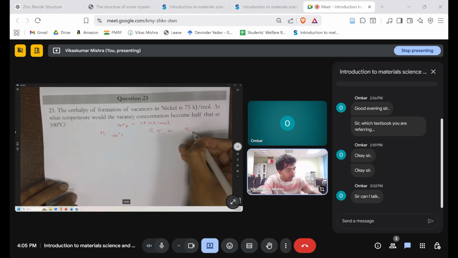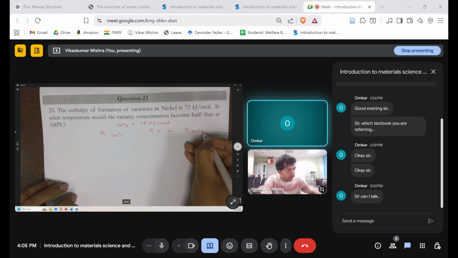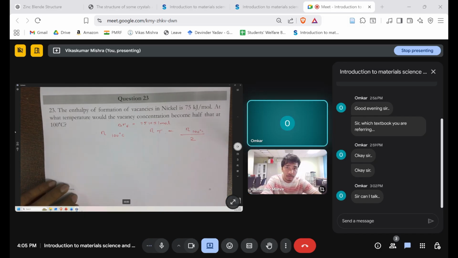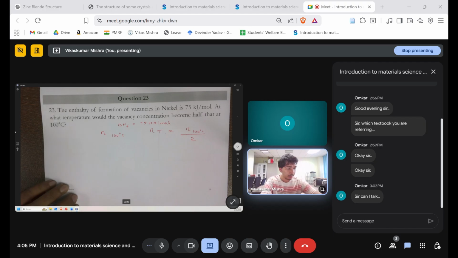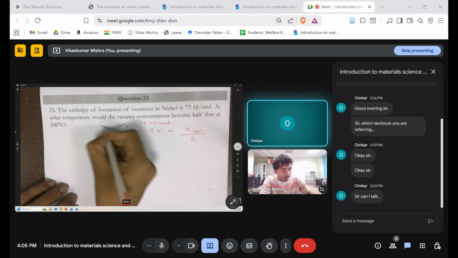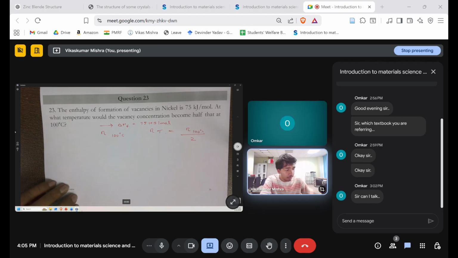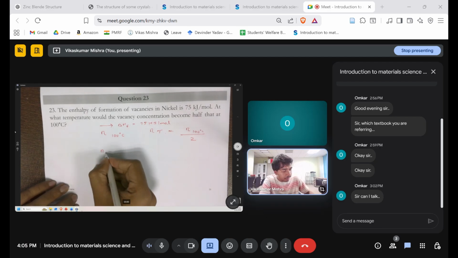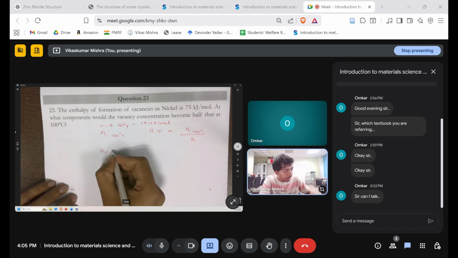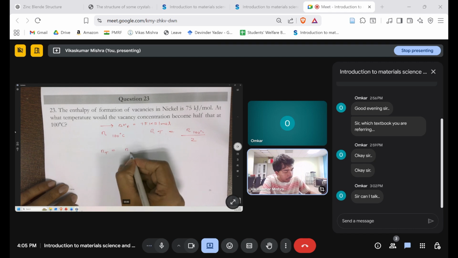So n divided by n at 100 divided by 2. How can we do that? Delta HF is given to us. We have to find the concentration at a particular temperature, which should be half of the concentration at 100 degrees Celsius.